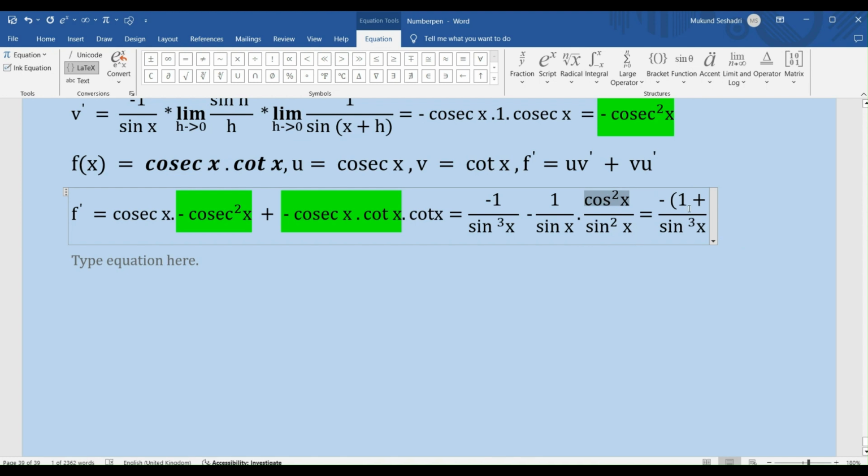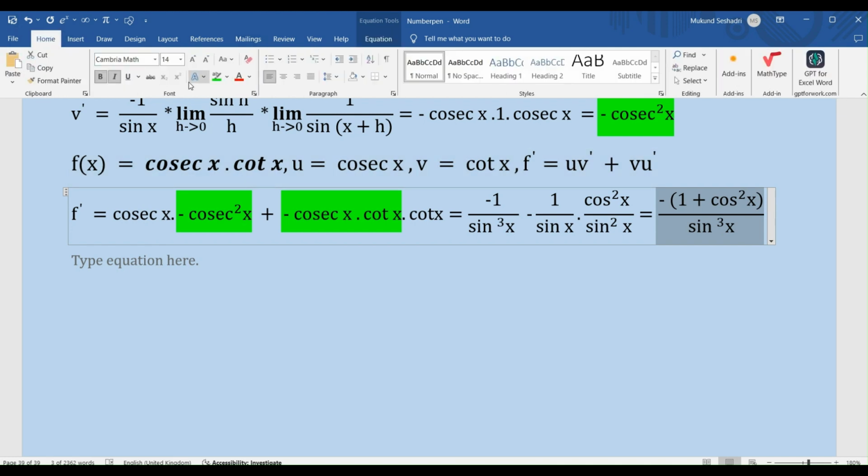And I don't think we can further simplify this. So let's leave it like this in the form of sine and cos, and we are sure that this is not possible to simplify further, right? So there we have the final answer with us. So the final answer for the derivative of cosecant x cot x is minus of 1 plus cos square x divided by sine cube of x, right? So I hope you found this content useful.